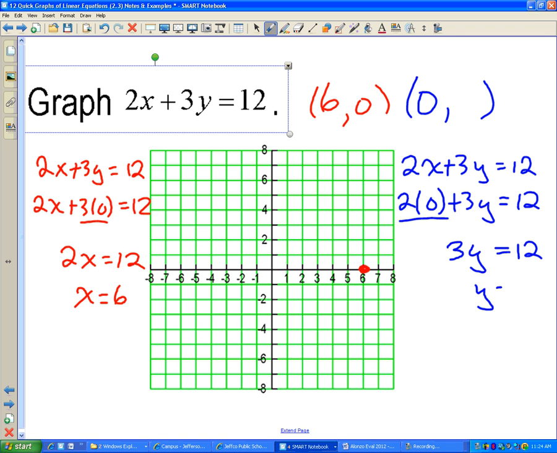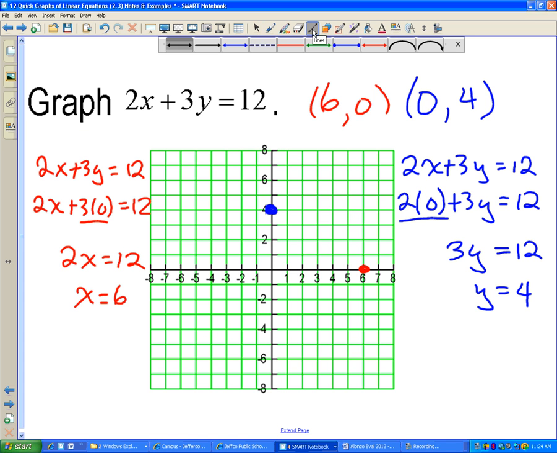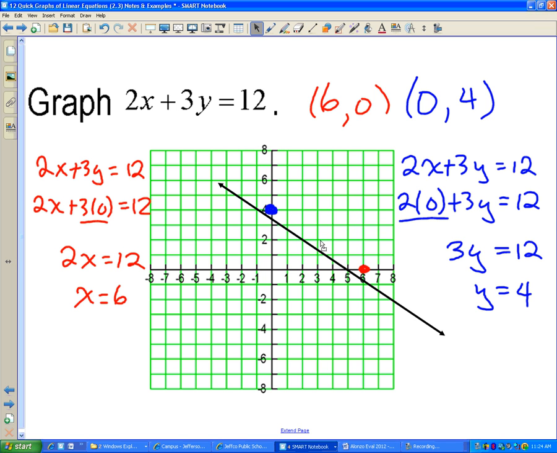Divide by 3, y is equal to 4. So I have the coordinate (0, 4). There are my 2 points. If I graph this line, it would be that. Again, I have arrows on the end of my line. That's the 2 points for my graph, (6, 0) and (0, 4). Those are my 2 coordinates.